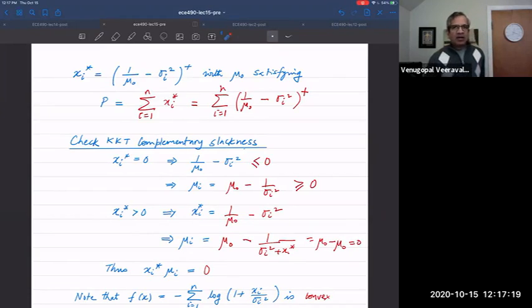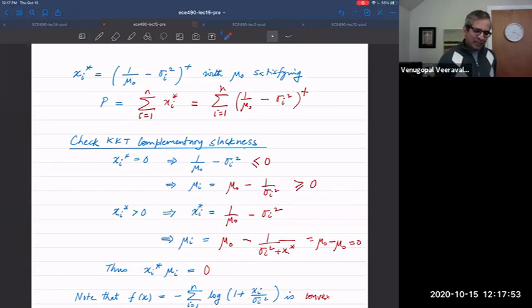Once you do that, then all you have to do is check that xi star satisfies the KKT necessary conditions, and then you can use convexity or whatever to conclude that it's a global minimum. That's the approach that, if you look at communications textbooks, they'll give you the answer first and then say the answer satisfies the KKT conditions.